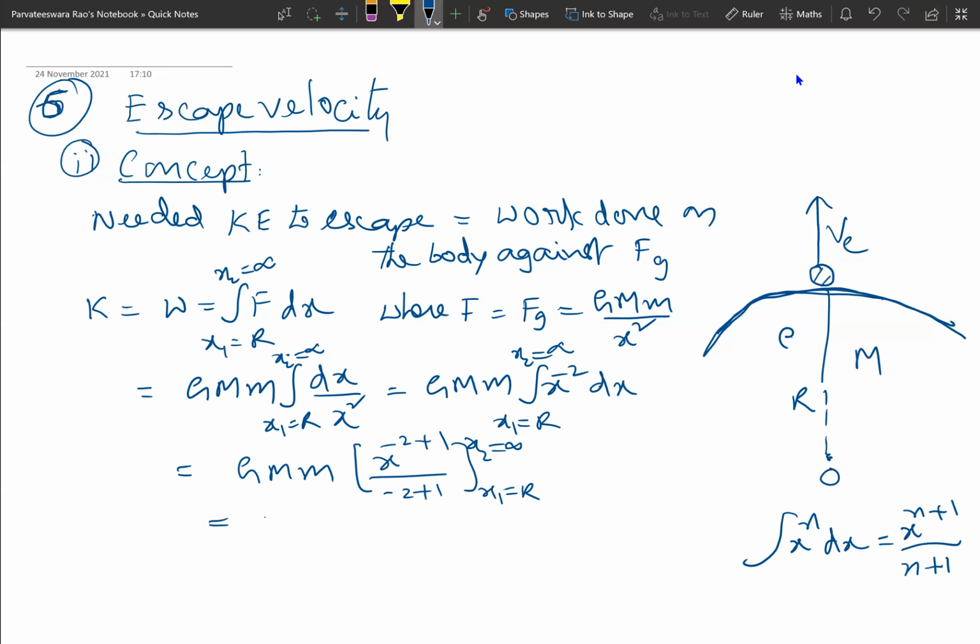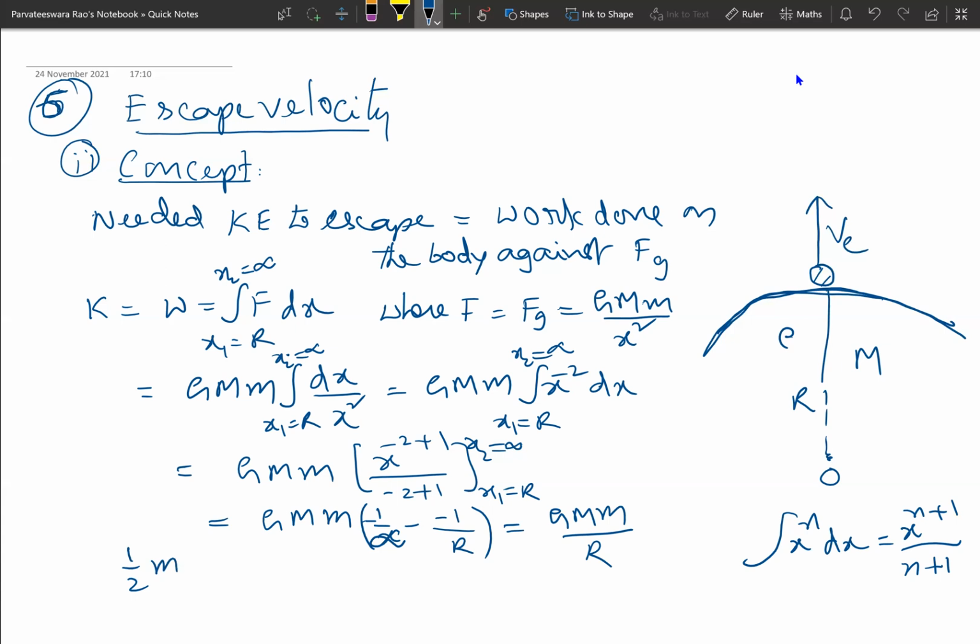So this will be G capital M small m into minus 1 by x, that is minus 1 by infinity minus of minus 1 by R. So 1 by infinity is 0. Minus of minus will become plus. Therefore, it becomes G capital M small m by R.